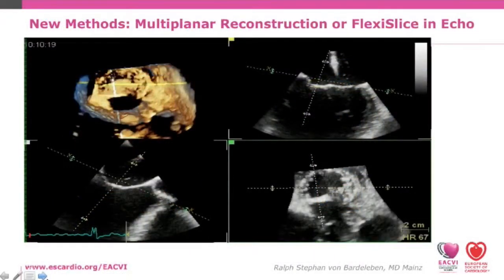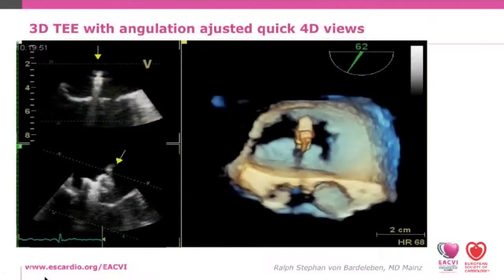A second very modern approach that you will see more and more is the possibility, like in CT or MRI, to do multiplanar reconstructions or flexi-slice while doing echo, and you can rotate your laser lines anatomically through the valve without caring for the 2D views.